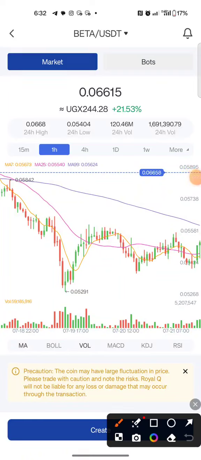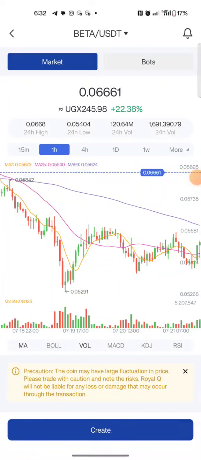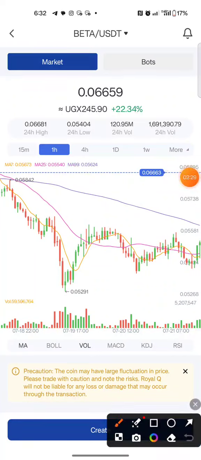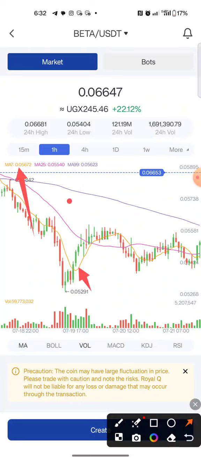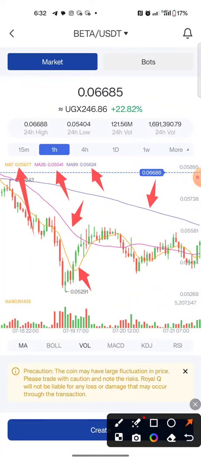Then you have a 25 moving average, which is this color there. Then we have a 99 moving average, which is this color. Those are the 3 moving averages if you are using an Android phone.